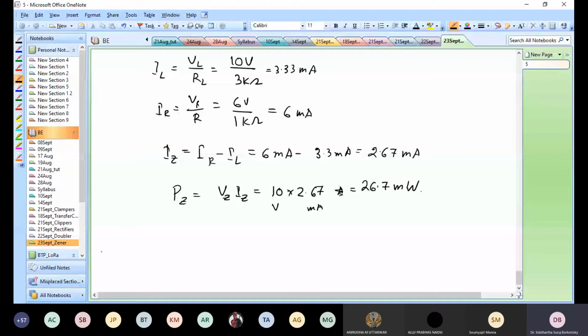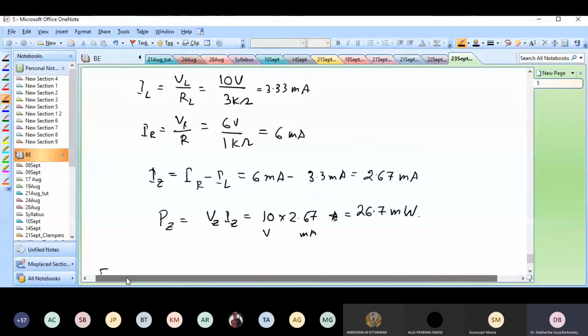So the question is, suppose you have a fixed value of Vi, so you know that your voltage supply is fixed at some value. How do we determine what is the minimum load resistance you should have? Minimum or maximum, we will see whether there is a maximum also needed.